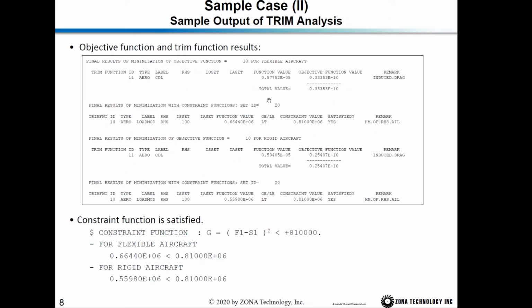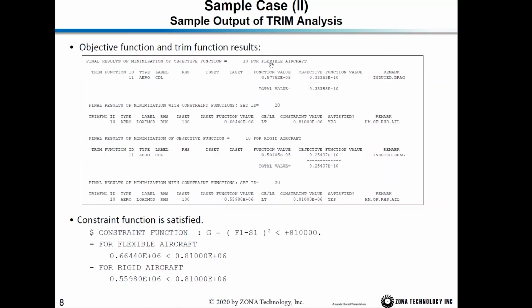So this trim function, the square of this value is to be minimized, and then the constraint function, this function itself is less than 900 squared, and so it satisfies that.